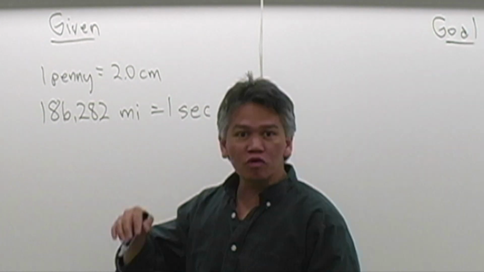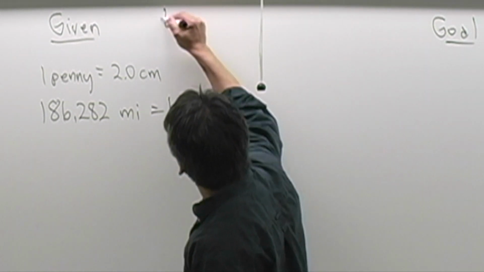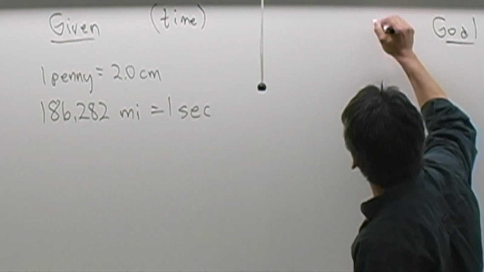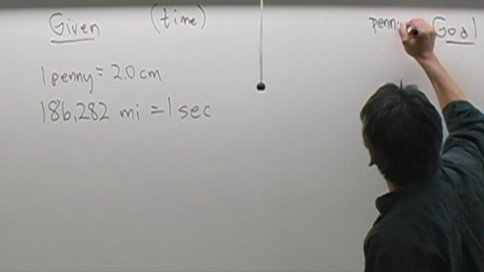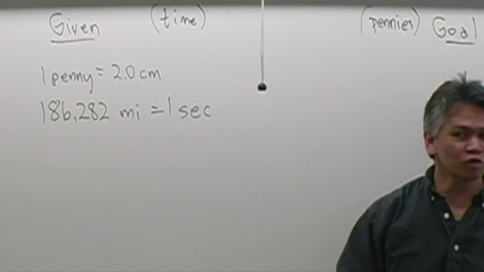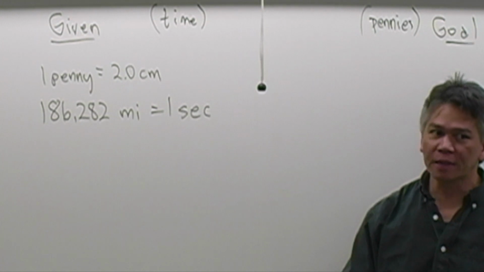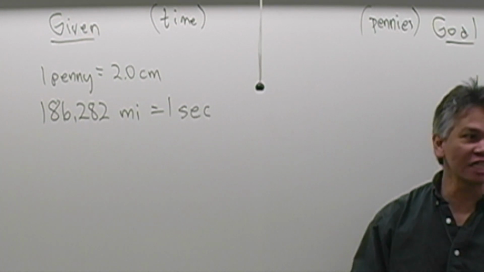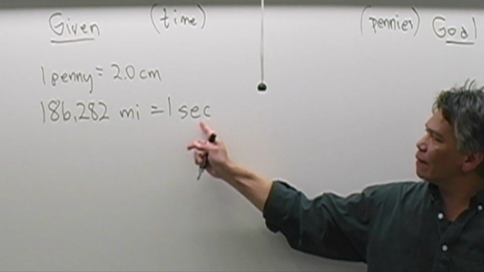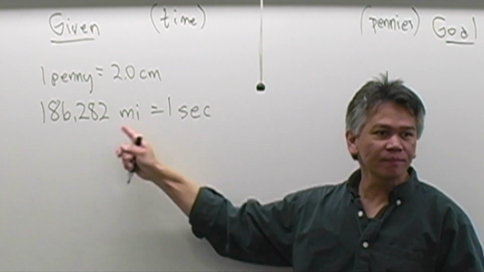Information that you need to do is convert time to distance, or in this particular case, pennies. But pennies is related to distance by this conversion factor. 2 centimeters equals 1 penny. Okay, so that's how we get pennies in this particular problem. Time. You can see that time is found in this conversion factor.